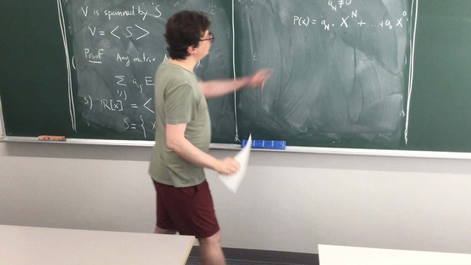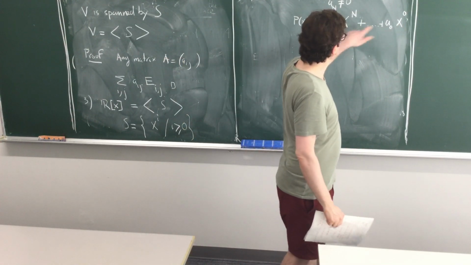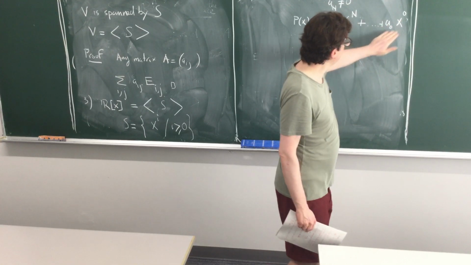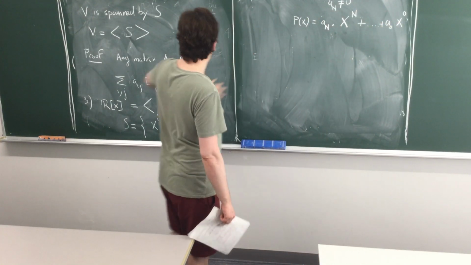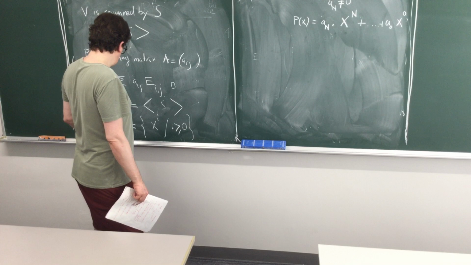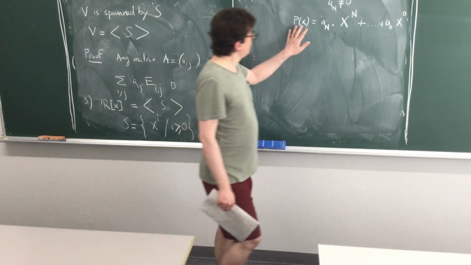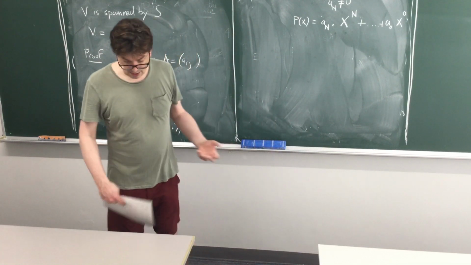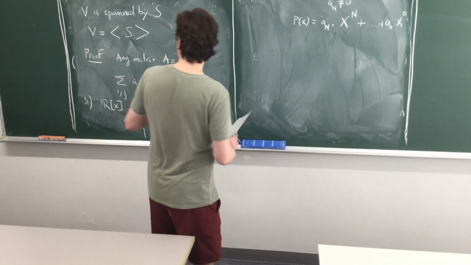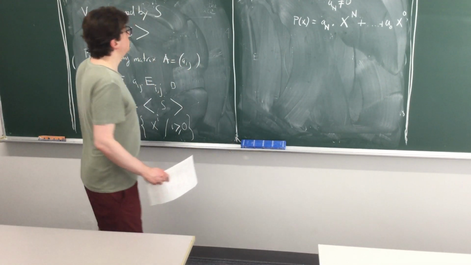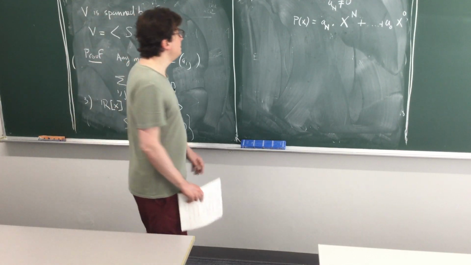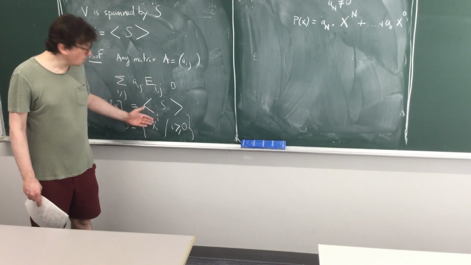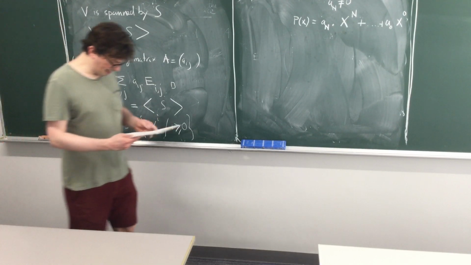So all these are vectors of S, and this is a linear combination of S. I proved that any vector can be written as a linear combination of my vectors S, and therefore this proves that the set of polynomials is spanned by these, the so-called monomials, x to the power i.